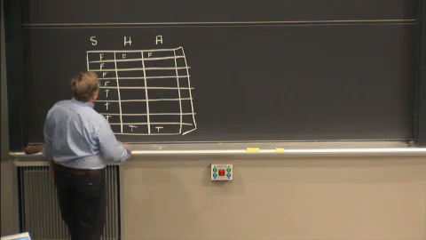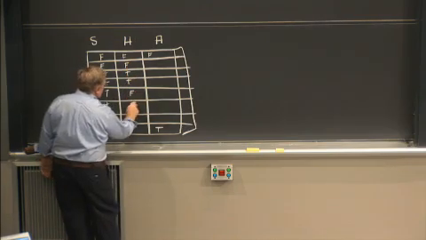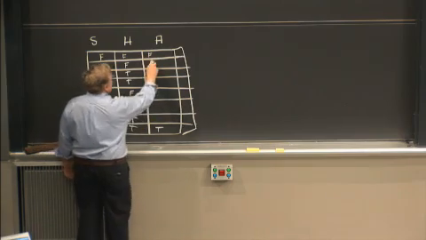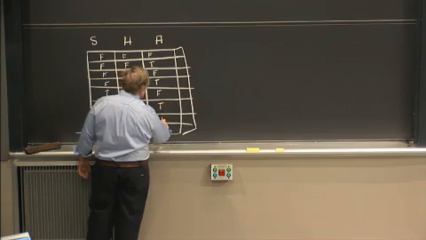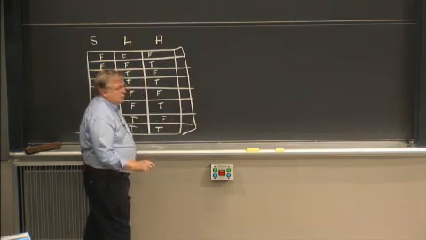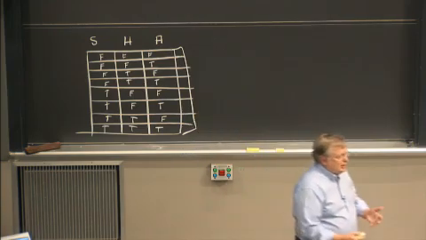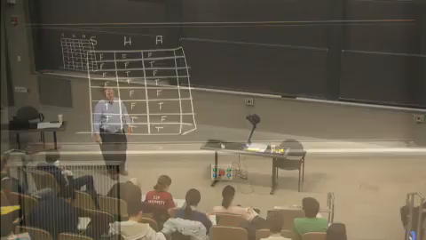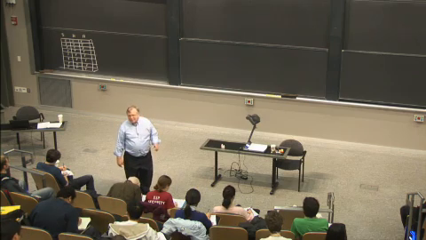So those are those combinations. Then we have F, F, T, T, F, F, T, T, F, T, F, T. So it's plain that the number of rows in the table for these binary possibilities is 2 to the number of variables. And that can be a big number.